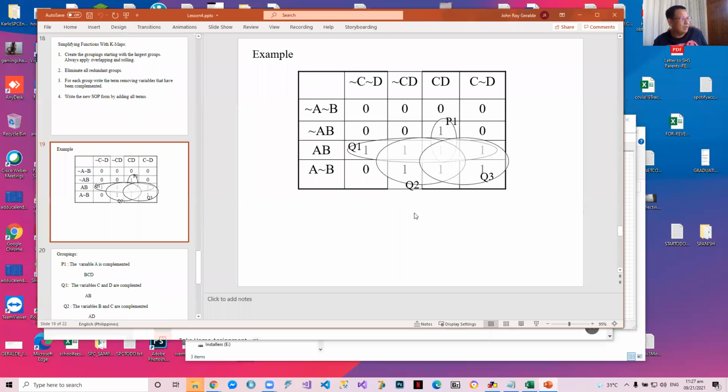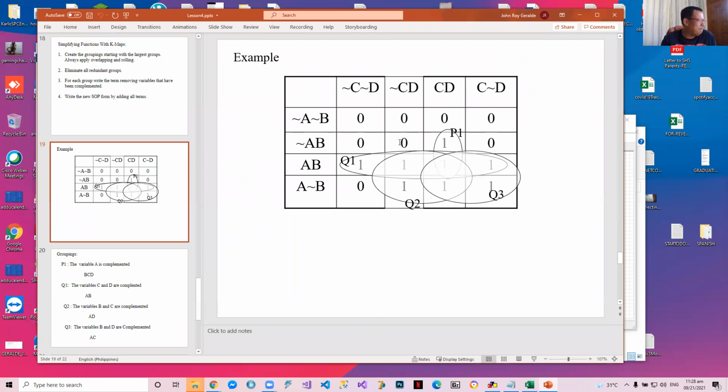We'll look at the 2 slides. It's like this. Look at P1. If you look at P1, we have CD, A not B and AB. The coverage of P1 will be CD, A not B and AB.